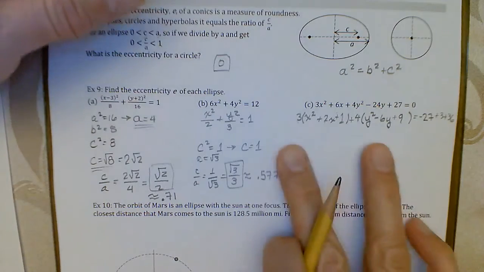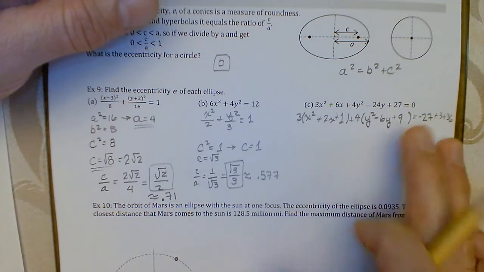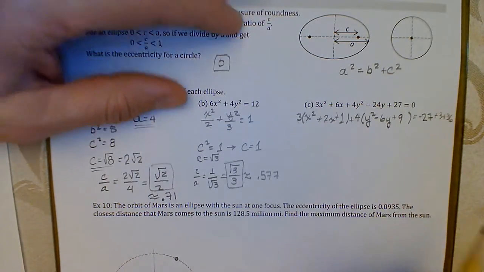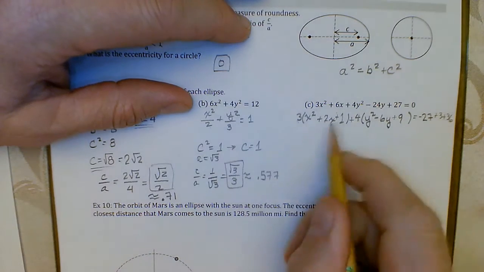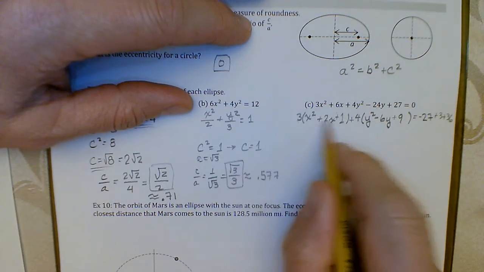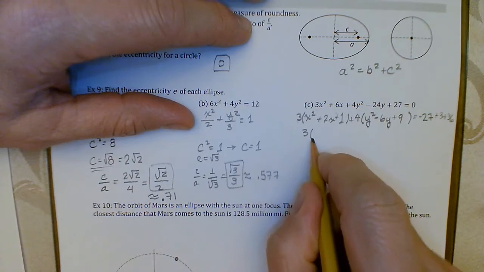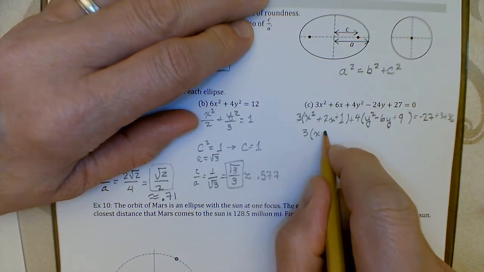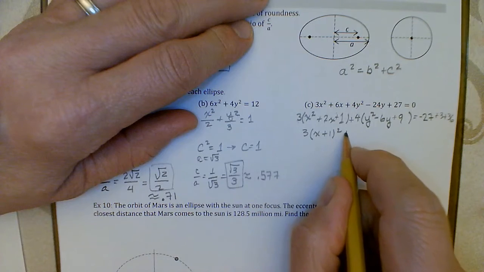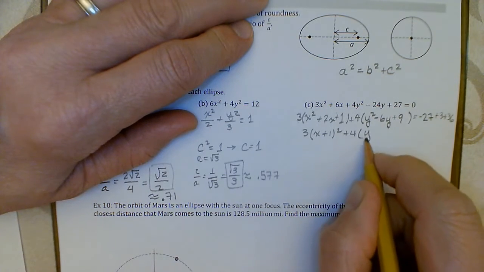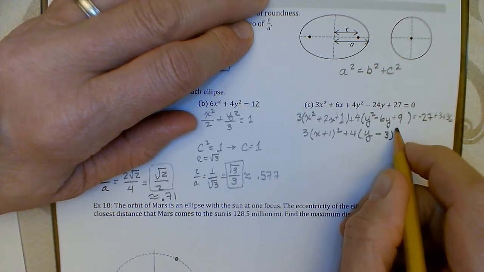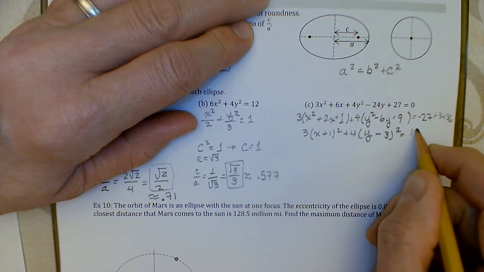Okay, so add those equivalent values to the other side. Okay, so we can factor those and write them as binomials now, squared. So it's 3 times the quantity x plus 1, quantity squared, plus 4 times the quantity y minus 3, quantity squared, equals 12.